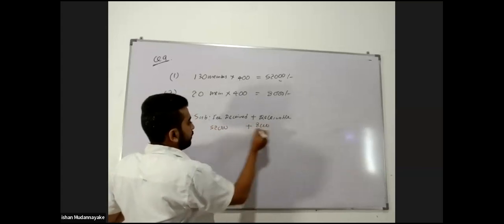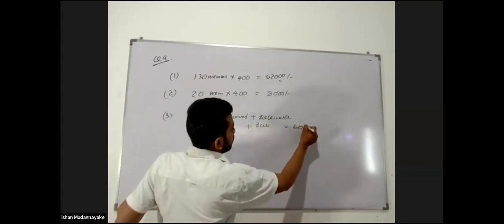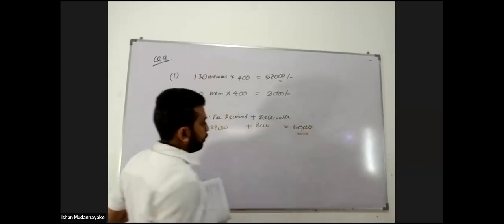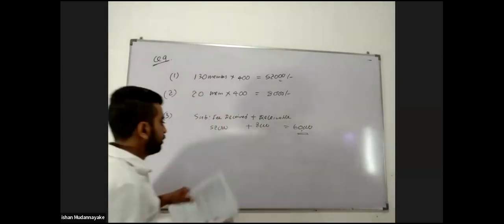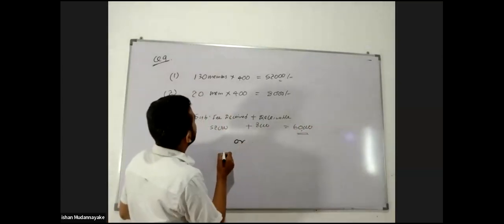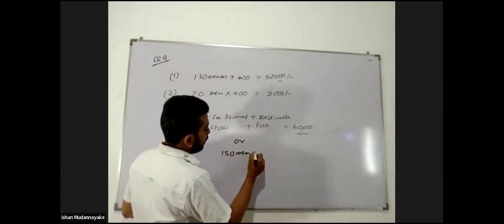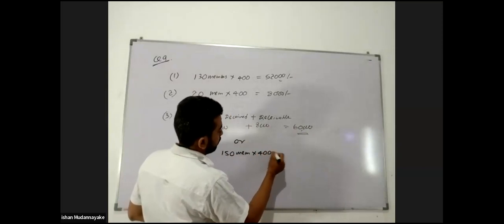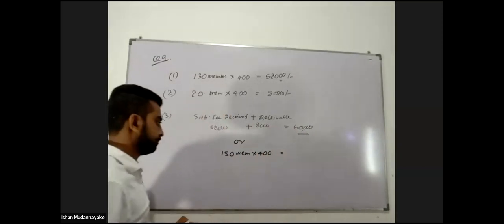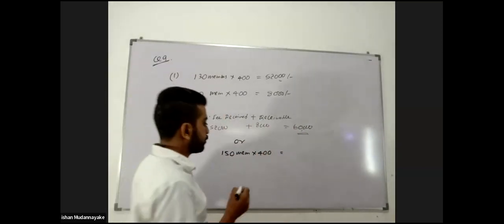How much then? 60,000. Okay. Relevant subscription fee for the period 60,000. Or directly you can calculate, 150 members multiplied by 400, 60,000.